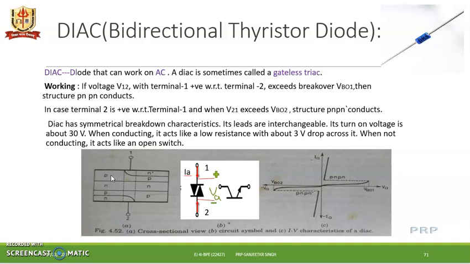Here we have the layered structure PN, but at the right hand side where we see PN dash. So depending upon whether terminal 1 is positive with respect to terminal 2 and it exceeds the forward breakover voltage VBO1, then PN will conduct from this side, and when the polarity is reversed with terminal 2 positive and terminal 1 negative, then PN dash will conduct.